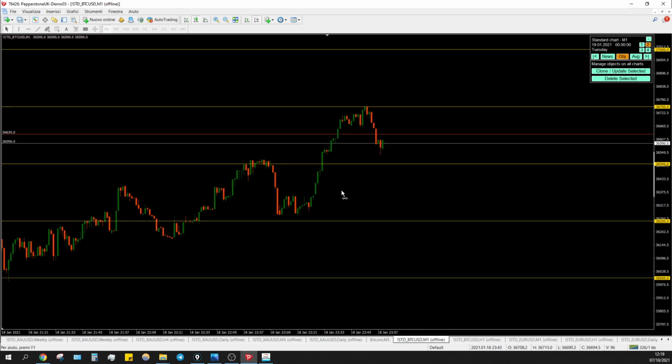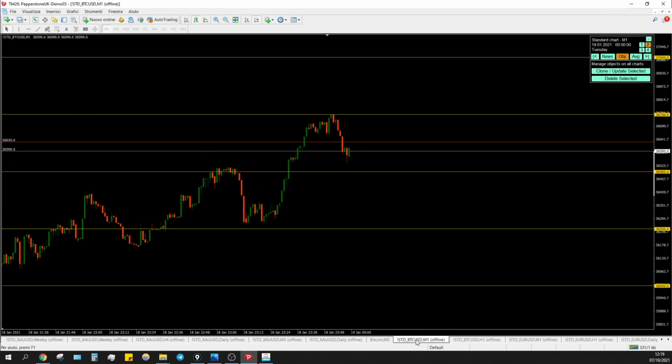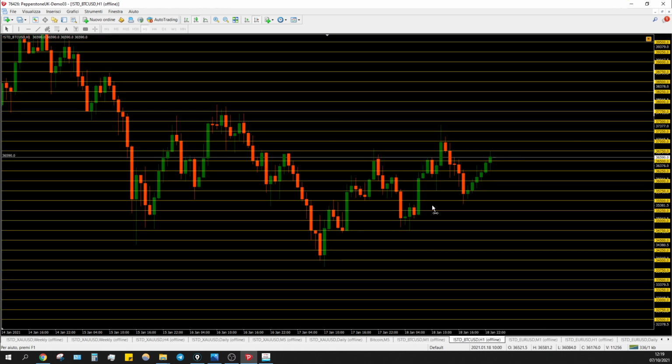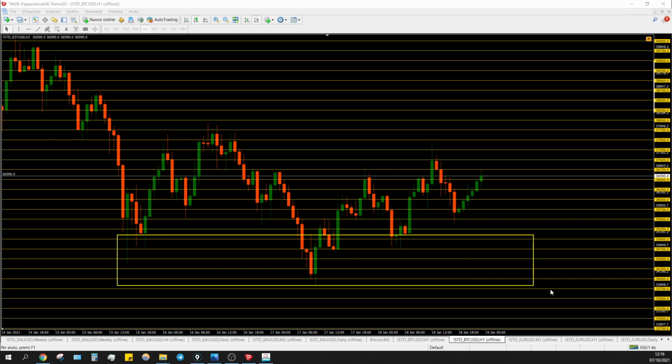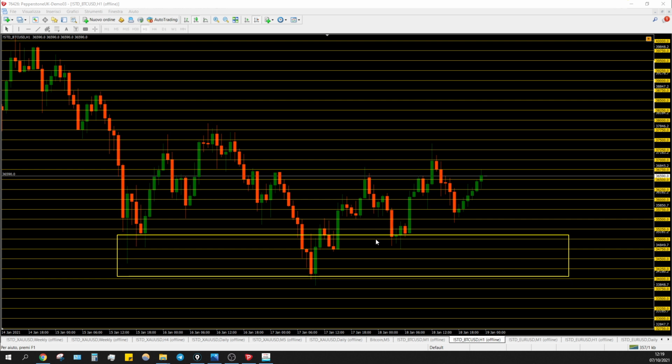Okay, so on the hourly time frame, as you can see, we are in January. We are starting. Everything okay? Yes. We created a demand area where we are bouncing already 3 times. We are creating a higher low.